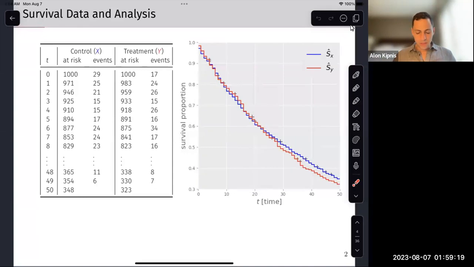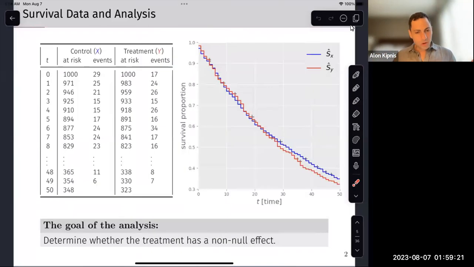And the goal of the analysis altogether is to determine whether the treatment has a non-null effect. So we're comparing the two groups or the two curves, and we're trying to understand whether they represent the same mechanism or not.